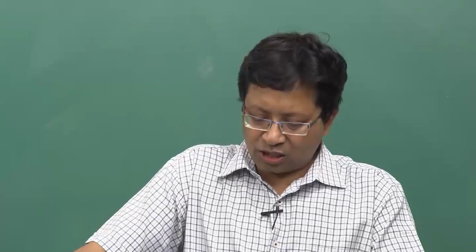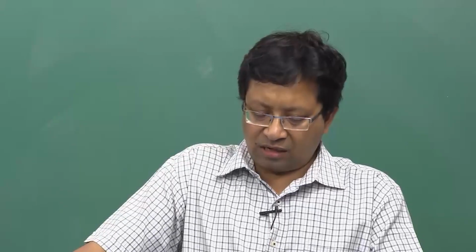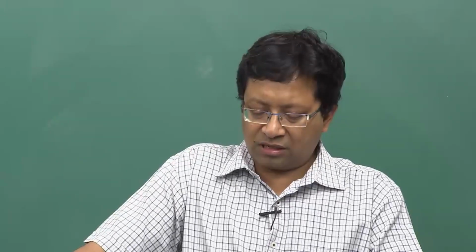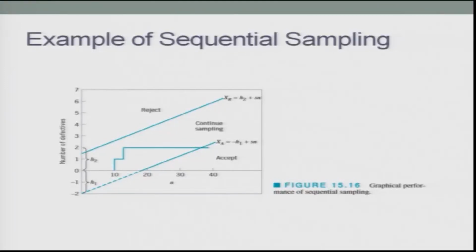In one case, the upper control limit is H2, a function of N2, plus the total cost which you have for accepting n observations, and in the other case it will be H1, depending on a function of N1, where you have that cost Sn.